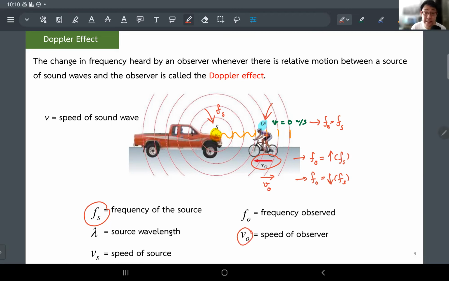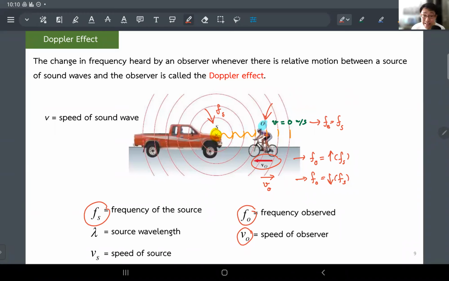So that is my speed of the observer. And of course, you have two directions that you can set it up. It's either going toward the source or running away from the source. We can use speed and velocity interchangeably, even though we don't do three-dimensional stuff. And the observed frequency that the observer will hear is going to be f sub O. Makes sense? So far, so good? All right, notation is fine.